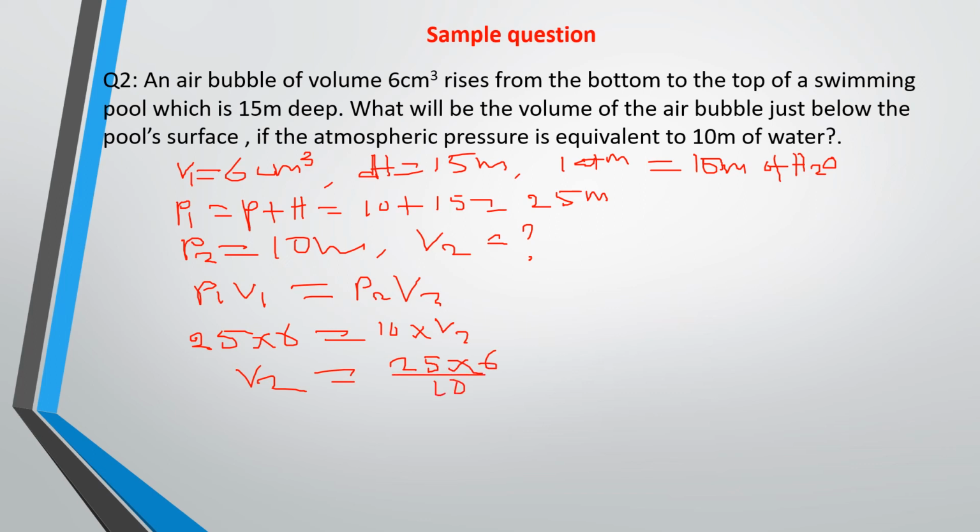Okay, so by the time you work this out with your calculators, you are going to have 15 centimeters cube as the volume of the air bubble just below the surface.